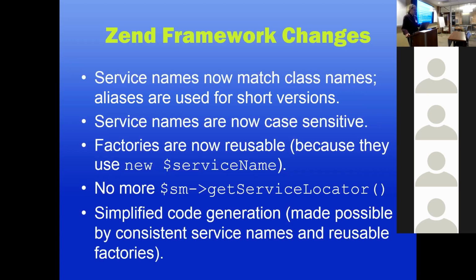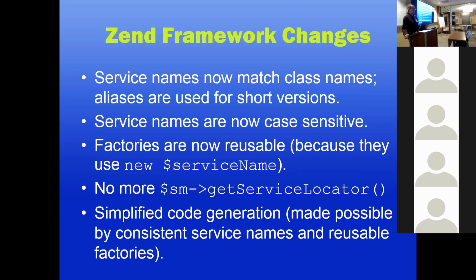Because I skipped over one of my bullets, I'll go back and say the other thing that has significantly changed in the Zend Framework Service Manager is that there have always been two kinds of service managers in the framework. There's the top-level service manager, which is where you request everything from. But you can also create special purpose plugin managers that behave just like the service manager, but they exist as services.